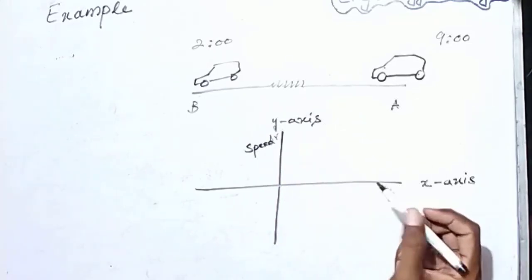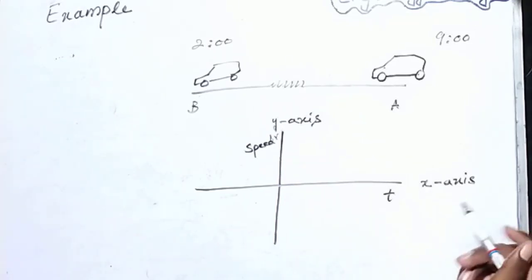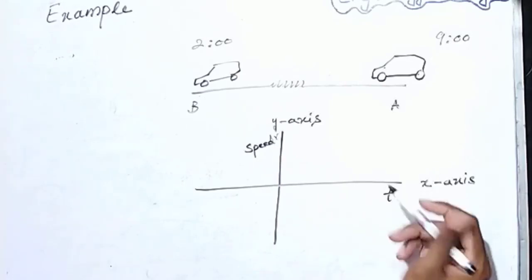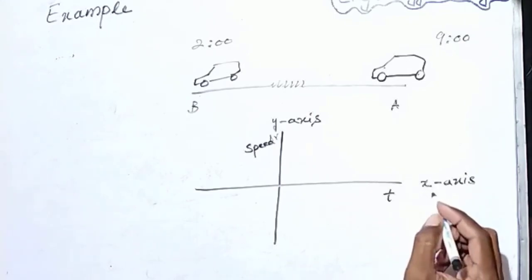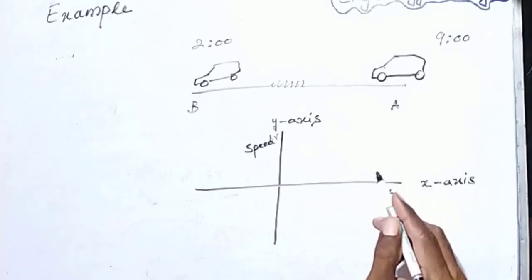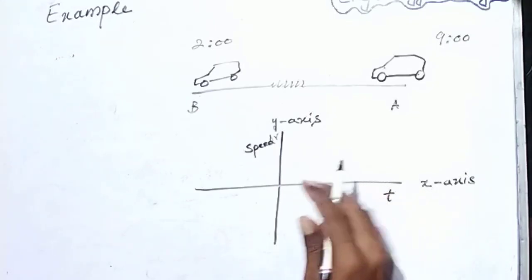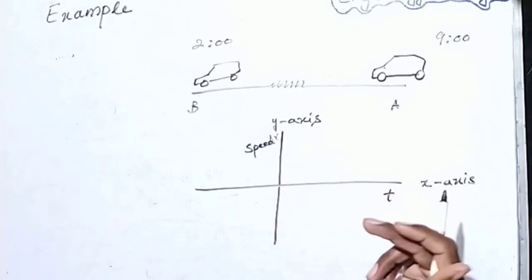So this is the concept behind writing any variable on the x-axis and y-axis. The independent variable will always be written on the x-axis and the dependent variable will always be written on the y-axis.